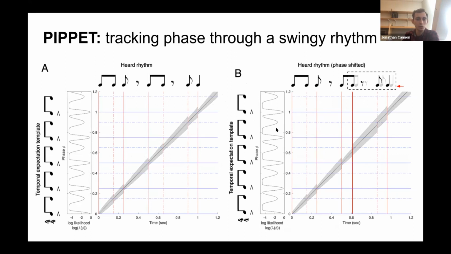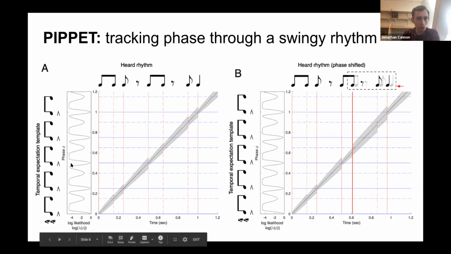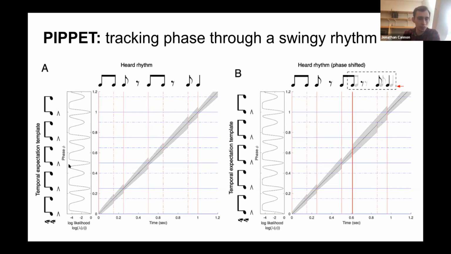And here we can see actual entrainment to a real heard rhythm. So I'm putting in a temporal expectation template that happens to be a swingy set of eighth notes. And those emphasized or accented eighth notes are expected with a small variance and a strong expectation.